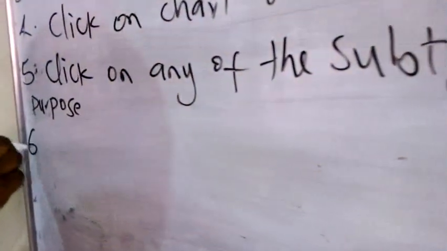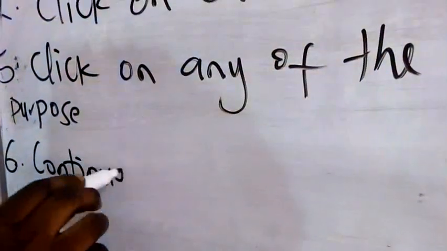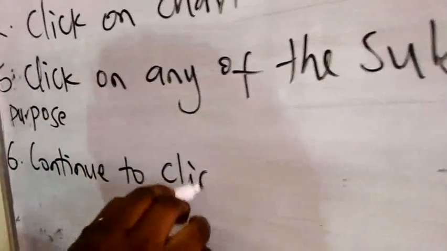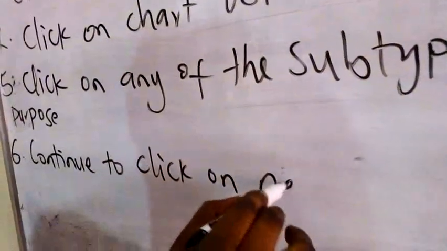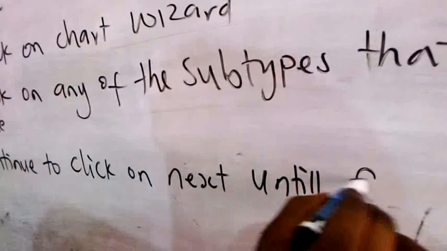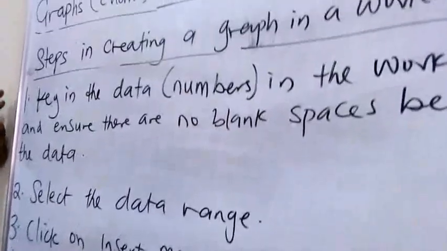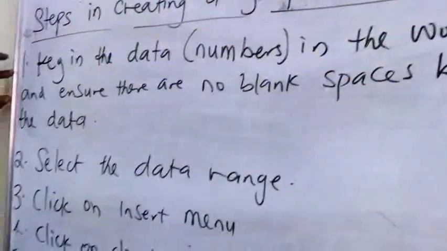The last step, which is the 6th one, is to continue. So click on next until finish, and then you have your graph. These are the steps that will be taken to create a graph in a worksheet.